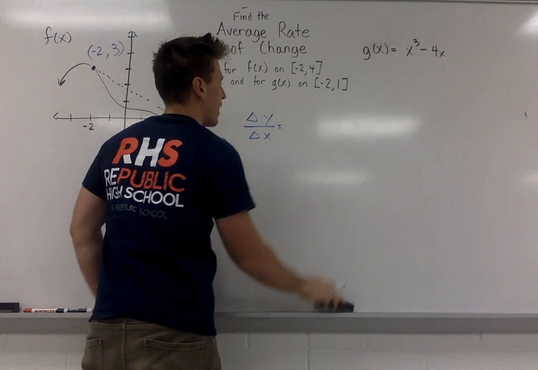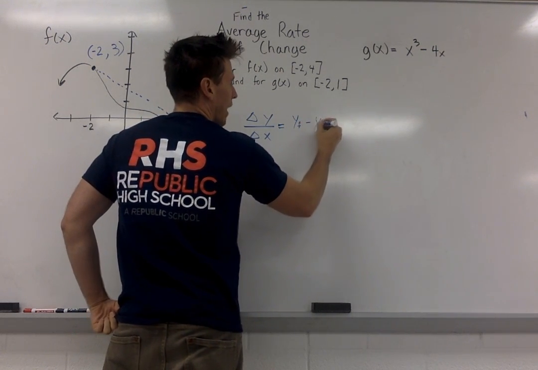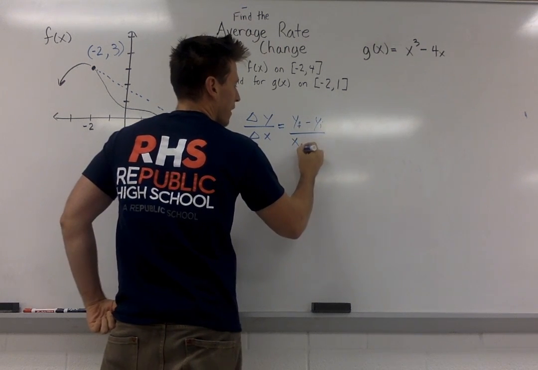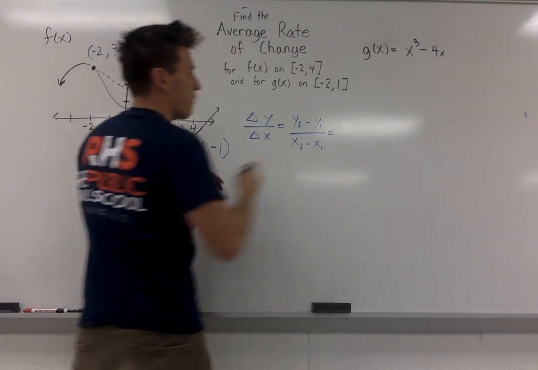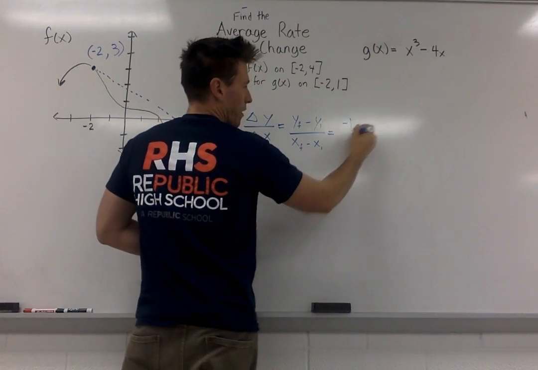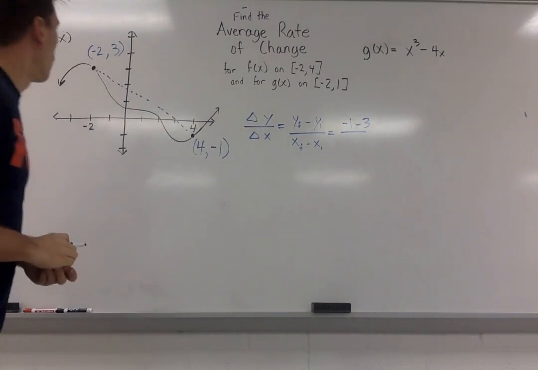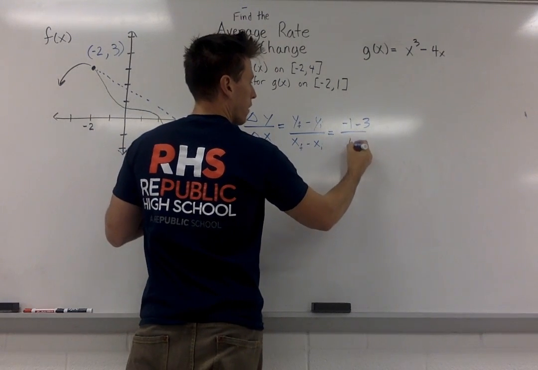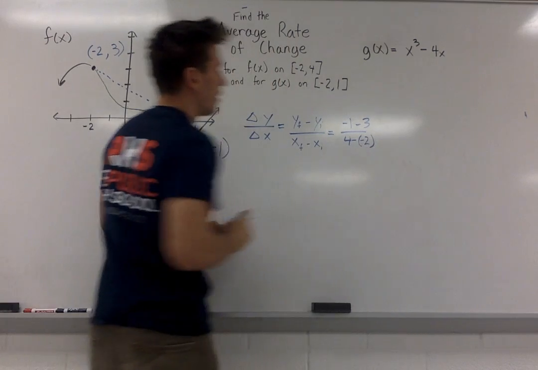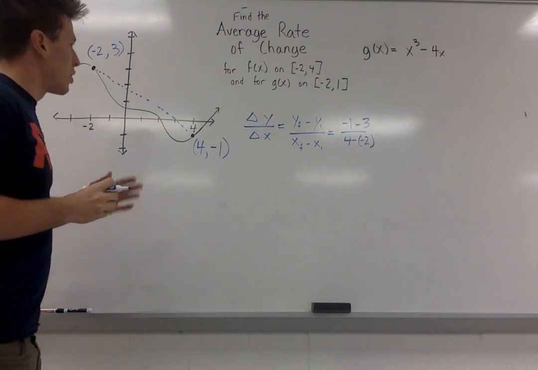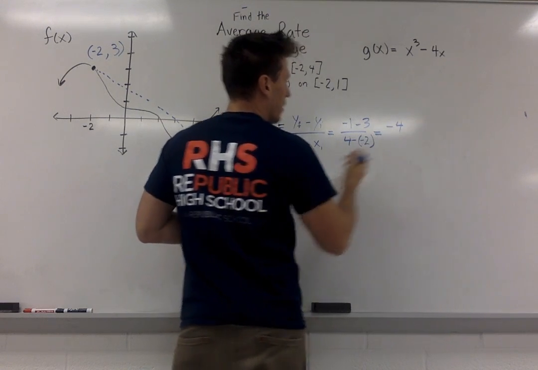So what we'll do is we'll say that the change in y is just y final minus y initial over x final minus x initial. So that would be -1, the final y coordinate, minus 3, the initial y coordinate, all over 4, the final x coordinate, minus -2, the original x coordinate, which once we do this math, you're going to see that it ends up being -4, which makes sense.